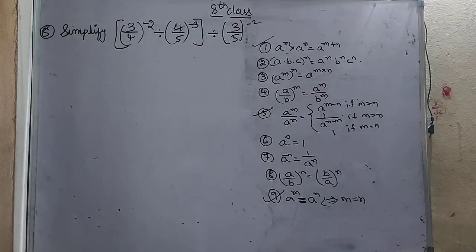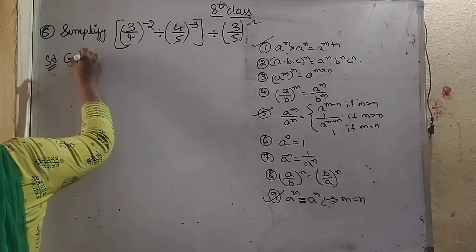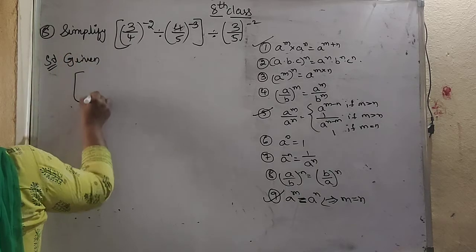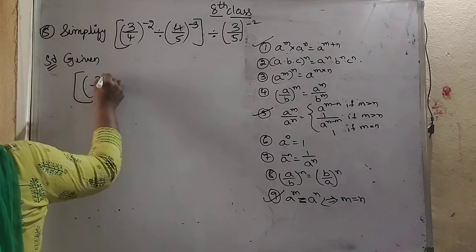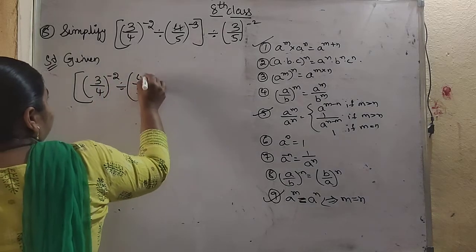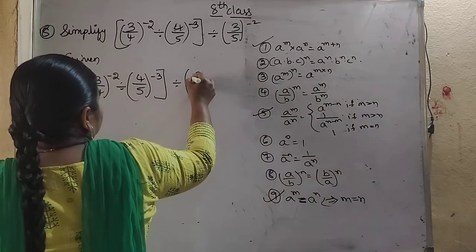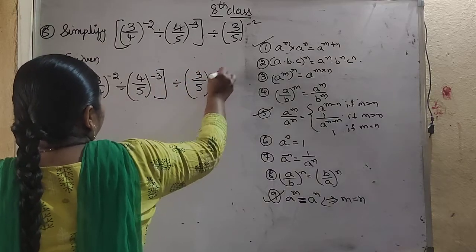So first we will write the given terms. Given: 3 by 4 whole power minus 2 divided by 4 by 5 whole power minus 3 divided by 3 by 5 whole power minus 2.